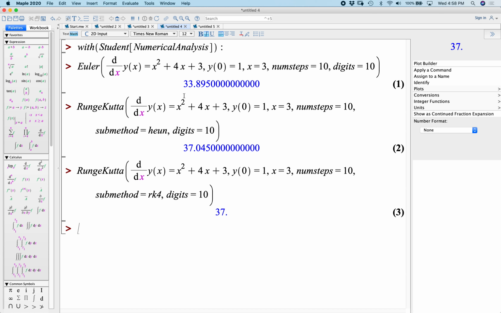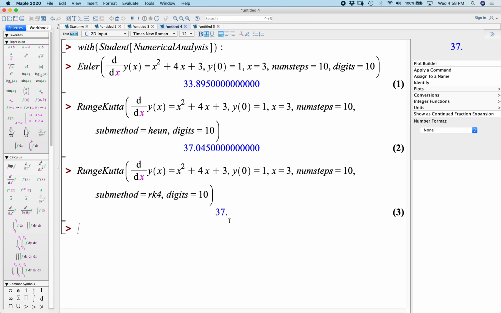With the improved Euler, the opening statement is Runge-Kutta, and the submethod is Heun. The output is 37.045. Then with Runge-Kutta, the same opening statement, and the submethod is RK4, this comes out exactly to 37.